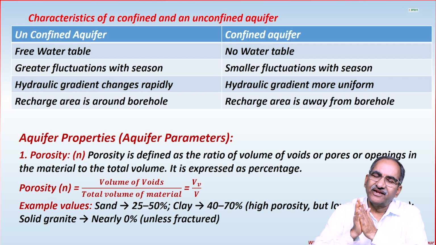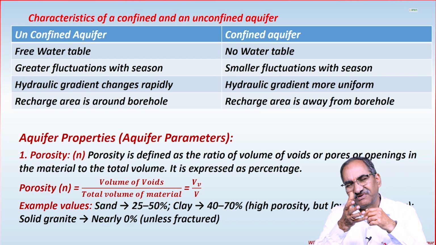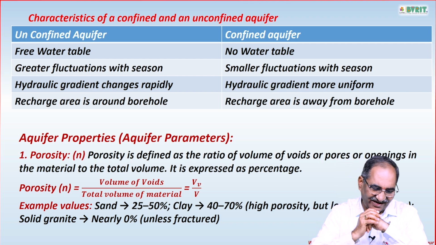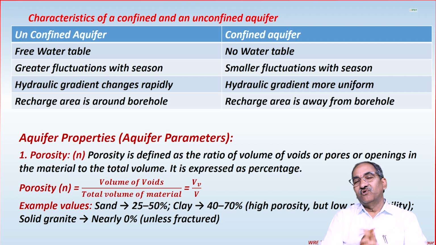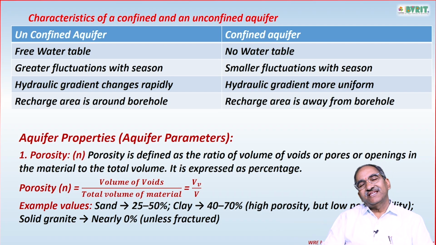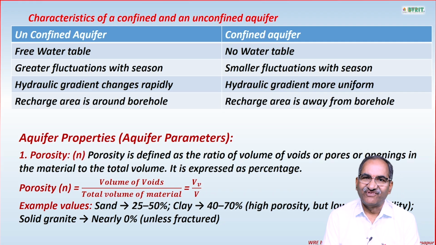The hydraulic gradient changes rapidly in an unconfined aquifer, but in a confined aquifer it is more or less uniform. The recharge area is just around the borehole in an unconfined aquifer, whereas in a confined aquifer the recharge area is away from the borehole. So these are the basic characteristics of an unconfined aquifer and a confined aquifer.